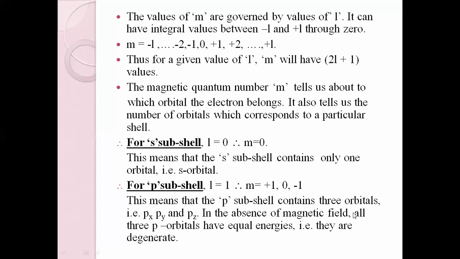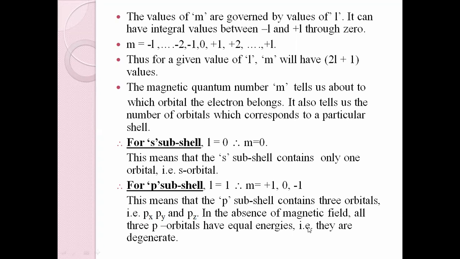In the absence of a magnetic field, all 3 p orbitals have equal energies, that is, they are degenerate. But in the presence of a magnetic field, the 3 p orbitals behave differently.